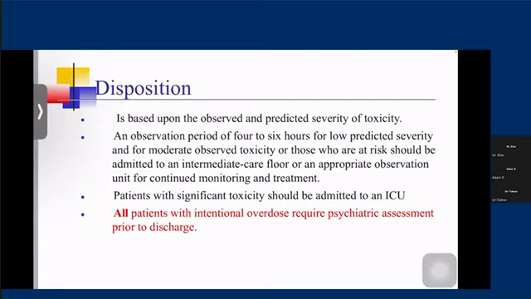This is based on the patient's presentation and the poisonous agent the patient took. Usually an observation period of 4 to 6 hours is used for low predicted severity.